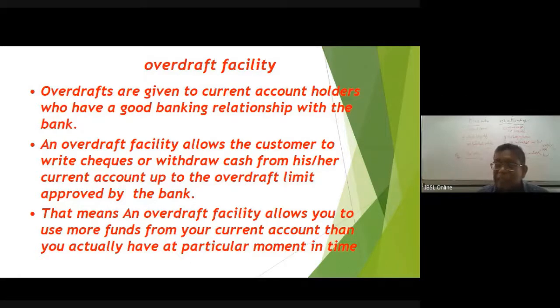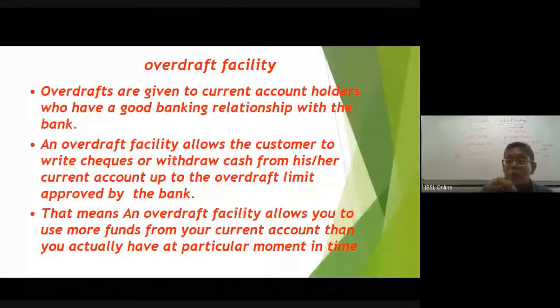The overdraft facility is the bank's discretion, the bank's property. So remember, overdrafts are given to current account holders who have a good banking relationship with the bank. Remember that phrase, good banking relationship. That's the first point. Sometimes a question may come to write short notes on overdraft facility.